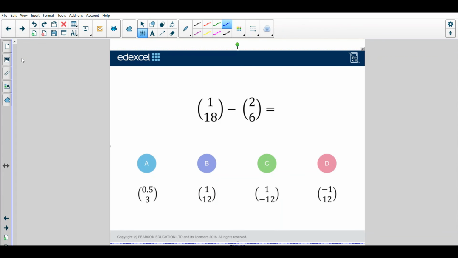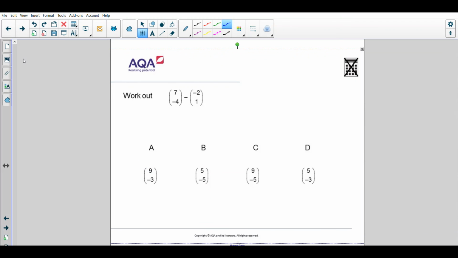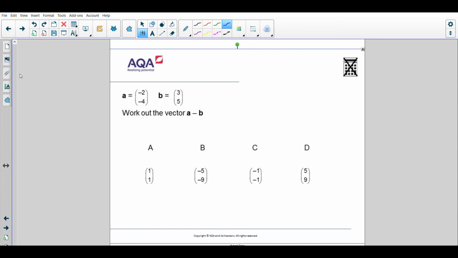And this one, A, B, C or D. Question number 3, this one. And the last multiple choice question, this one.